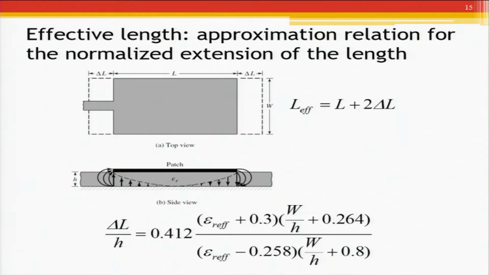The relation between delta L and H can be expressed using this equation. So in your design, you have to take this into account. You need to calculate this delta L in order to determine the actual dimension of the patch.